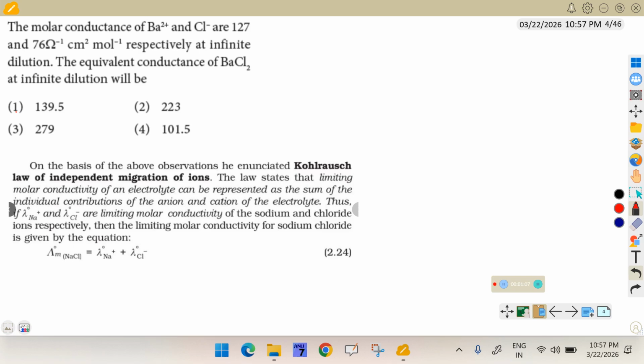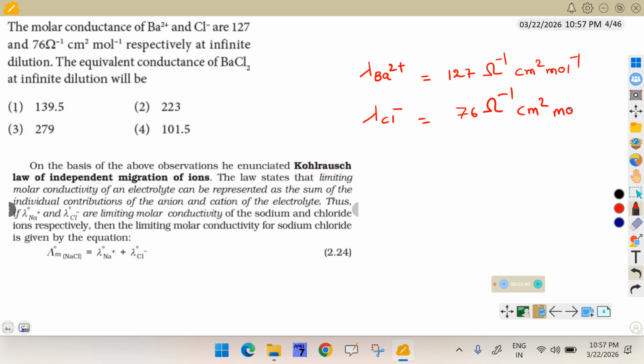The molar conductance of Ba2+ and Cl-. Molar conductance is given: lambda Ba2+ is equal to 127 ohm inverse centimeter square mole inverse, lambda Cl- is equal to 76 ohm inverse centimeter square mole inverse, respectively.